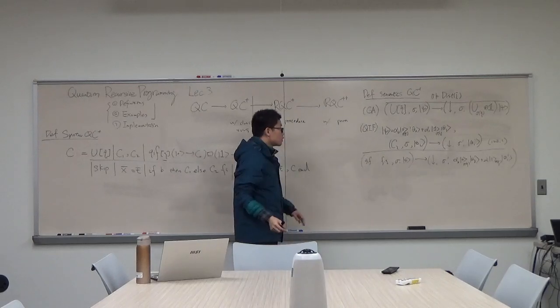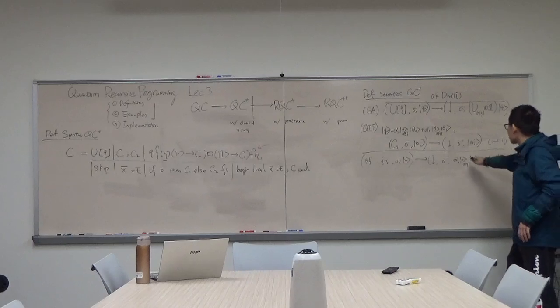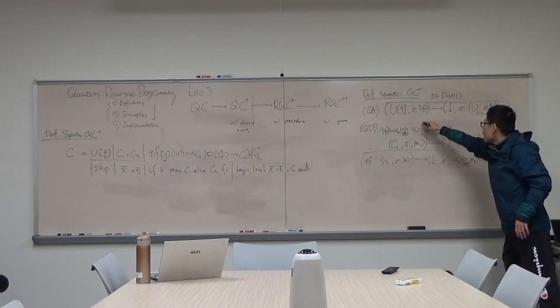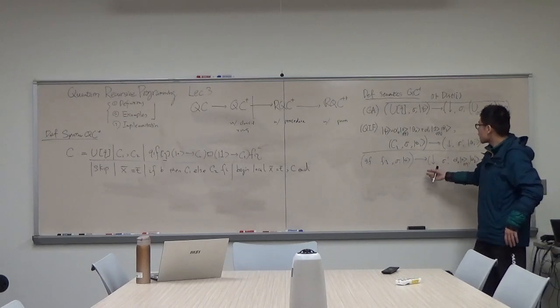Okay. So here, this horizontal line represents that when you have these premises, you can have this conclusion. So what does this mean?